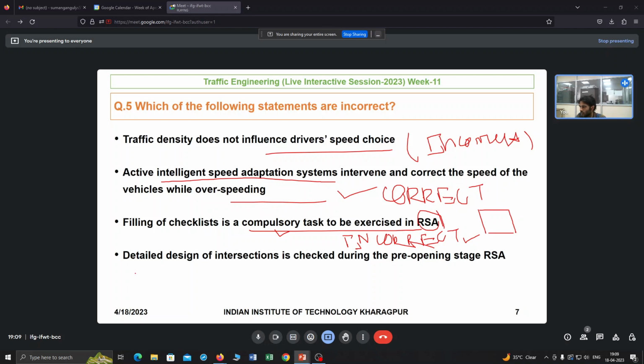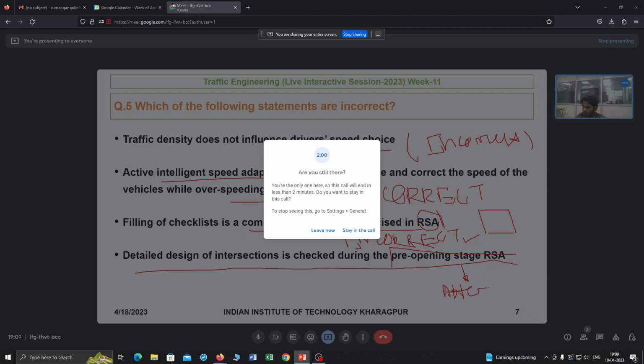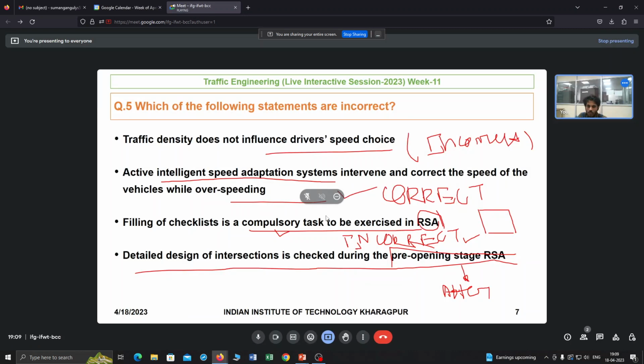So then, detailed design of intersections is checked during the pre-opening stage. No, pre-opening stage road safety audit means after construction, right? Because it is about to open to the traffic. So your construction has been done.